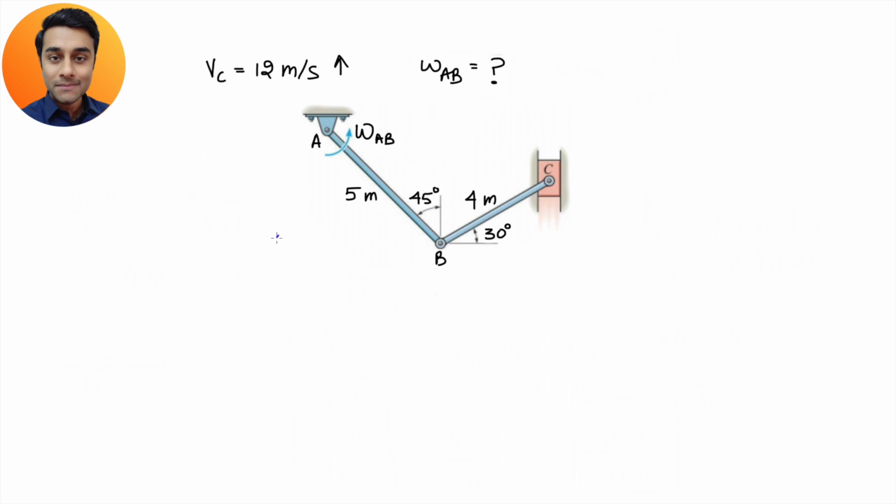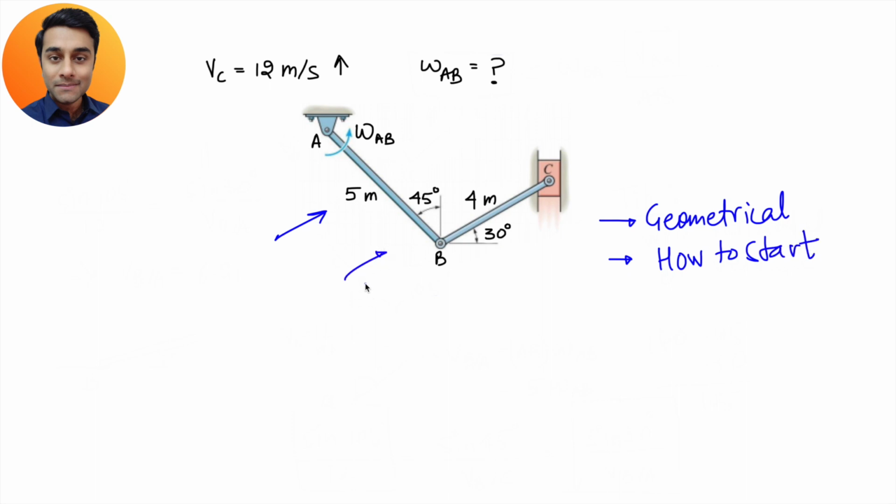So the case that we discussed here was a very basic case. Still, I took that much time to explain it, so that I keep giving you different tips as well. I give you geometrical tips as well. I gave you the tips regarding how to start and from where to start analyzing any mechanism graphically.